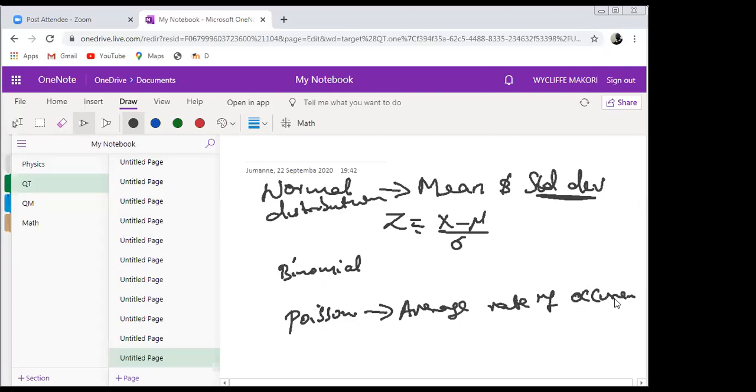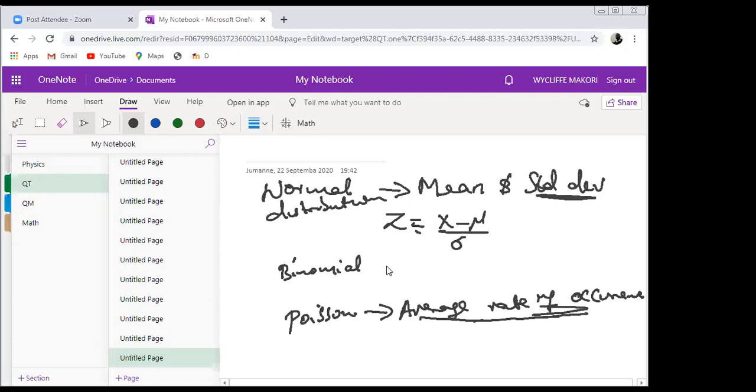You can be told the average rate of electricity failure, the average rate of customers arriving, the average rate of all this. Anytime you have got the average rate of things happening, then it is supposed to be the Poisson, and you apply the Poisson formula.